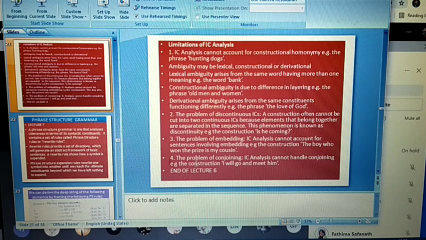Come on, Dilbar, what do you mean by that? It's quite simple. Flying planes can be dangerous. There is ambiguity there. Very good. That is, of course, being a pilot.